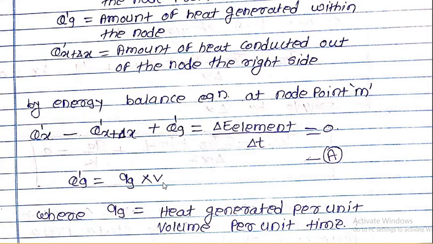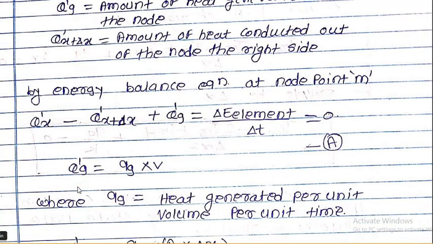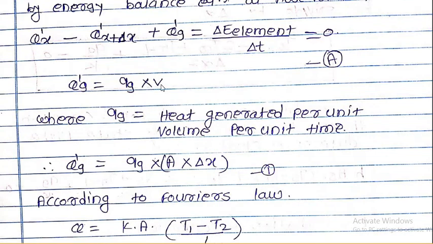Multiplying by volume, we get the heat generated per second. Volume is the surface area multiplied by thickness. So q dash g is equal to q suffix g multiplied by A into delta x. For one element, the thickness we have considered is delta x, and A is the perpendicular surface area available for the conduction.